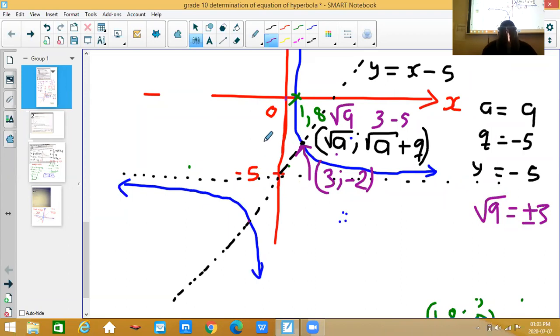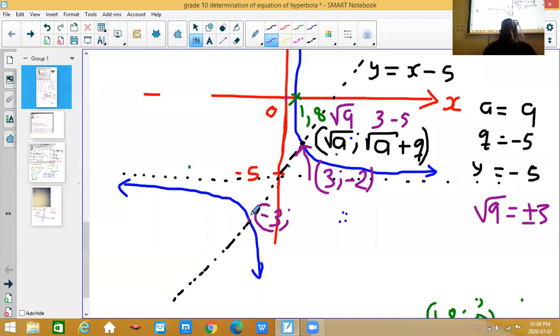Now, on this other side, is this on the left-hand side of 0 or the right-hand side of 0? Here, it is on the left. Since it is on the left-hand side of 0, what do you think the coordinate here will be? Negative 3. Are you getting the point?